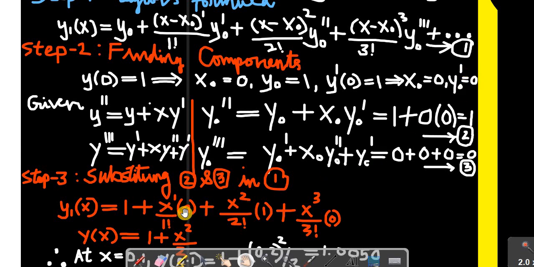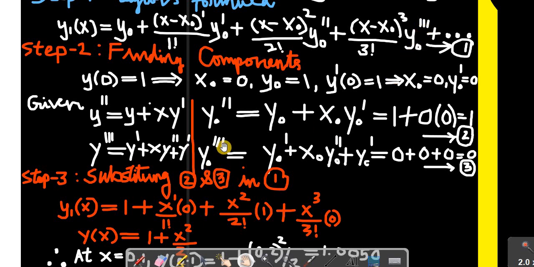That we are substituting here. Plus this particular term, x naught is equal to 0, x square divided by factorial 2, and y naught double dash is equal to 1, so that 1 we are writing here. Come to the last term here, x minus x naught is equal to 0, x cube divided by 3 factorial, and then here the value of the third derivative at x equals 0.